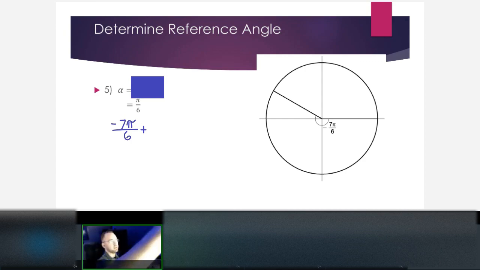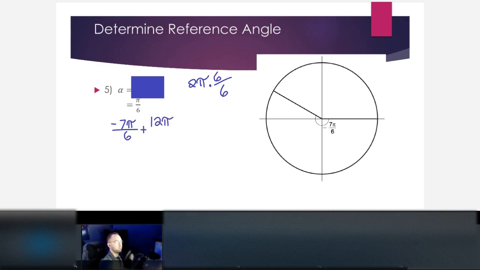And just off to the side real quick, 2 pi, we have to make it have the same denominator. Nobody should be doing this by hand. You should just type this in. But to make this have the same denominator, you're going to multiply top and bottom by 6. And then that gives us 12 pi over 6. So remember, in order to add or subtract fractions, they have to have the same denominator. And 12 pi over 6 is still 2 pi. So I'm just adding a full rotation to make it positive.